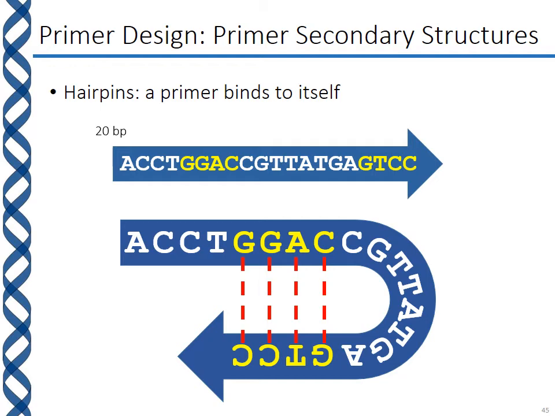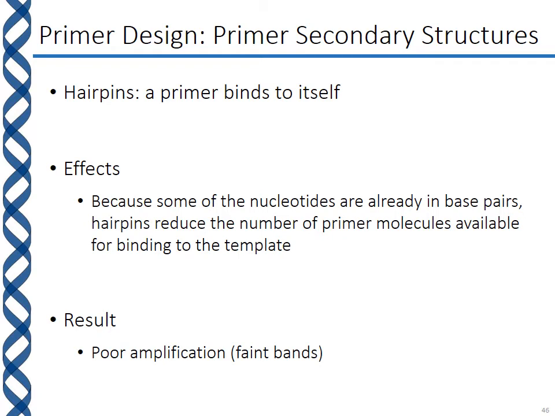And so the fact that these hydrogen bonds occur in the same molecule is irrelevant to the hydrogen bonding process. As I said, the molecule itself doesn't care. It's simply going to form hydrogen bonds with a sequence that it finds to be complementary. And so this molecule would actually bend in on itself like this. So what's wrong with that?